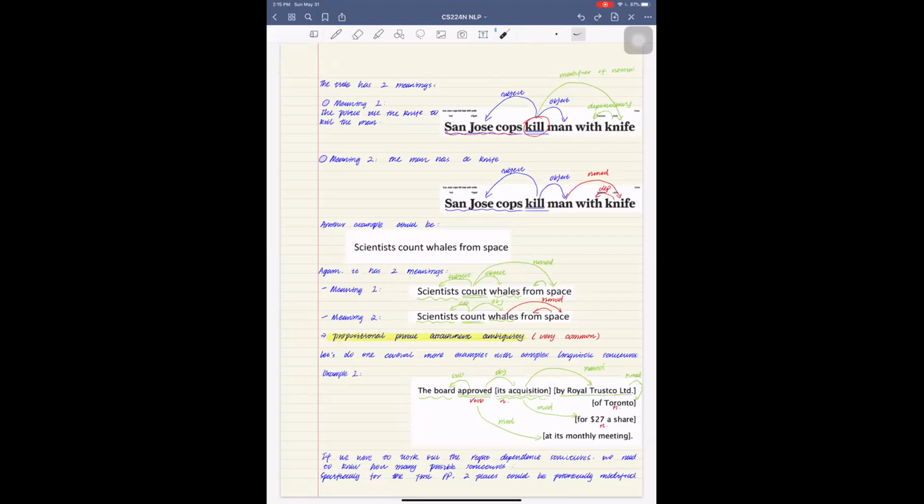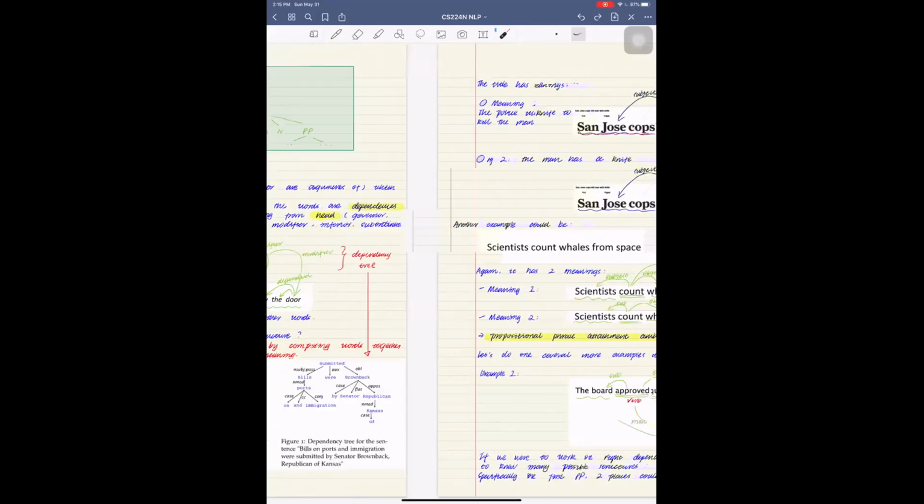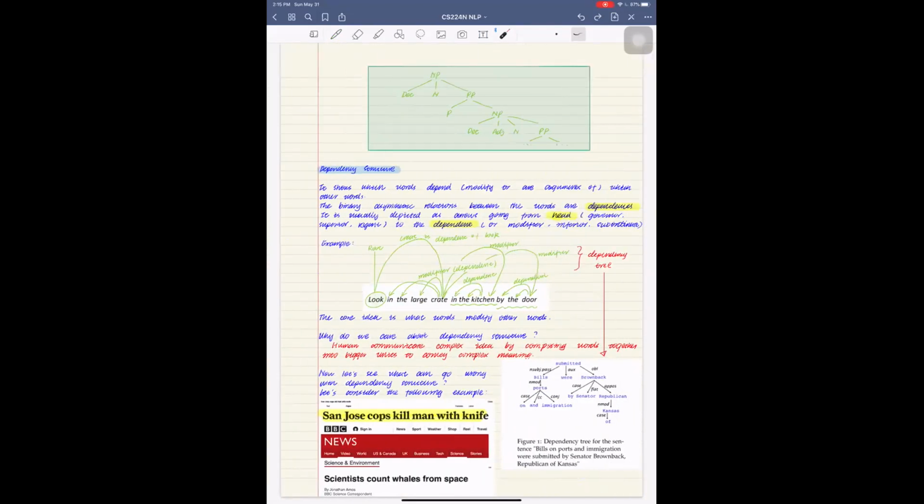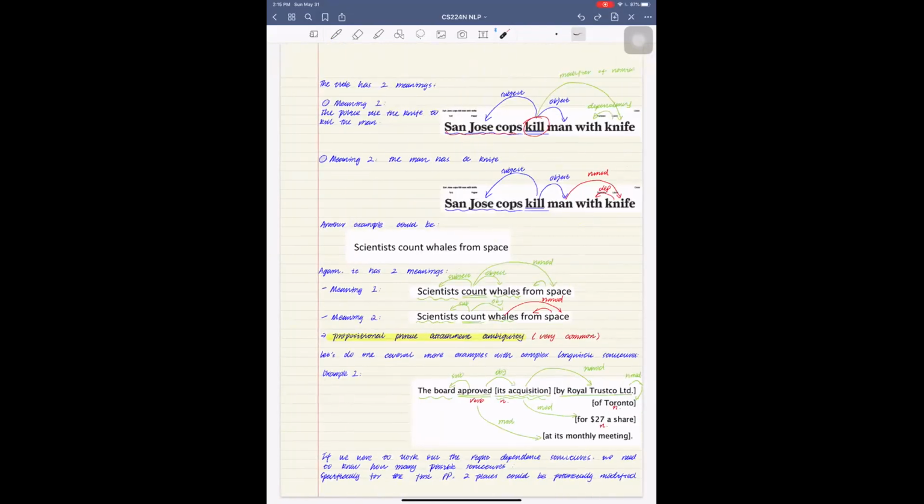If it's a nominal phrase, then it's called nominal phrase attachment ambiguity. But this one is a prepositional phrase, so this is called prepositional attachment ambiguity right here. Okay, so basically, that's how we construct the dependency structure between different words or phrases within a sentence.